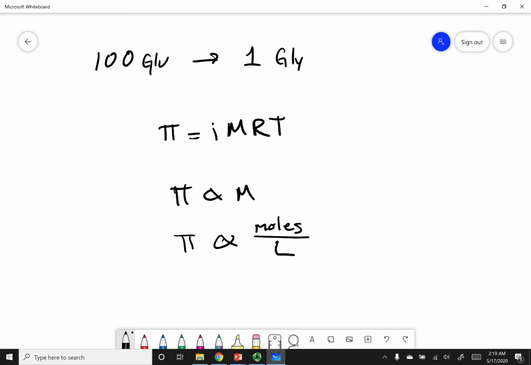And so take a look at my chemical equation. I start out with 100 things, and then I go to 1 thing. And so what that means is the number of moles is being reduced. I'm going from 100 moles of glucose to only 1 mole of glycogen. And so that means I'm going to drop the osmotic pressure by 100-fold. And so this is the way that we can store these highly valuable energetic particles and not burst our cells open.